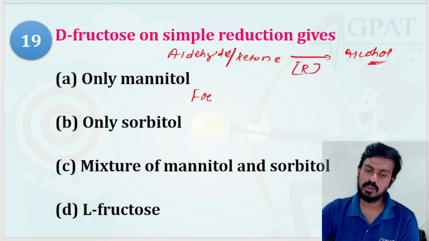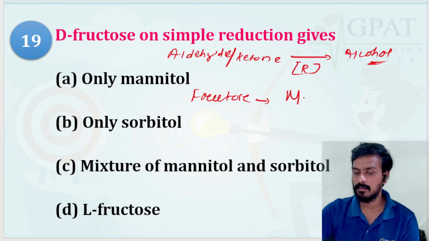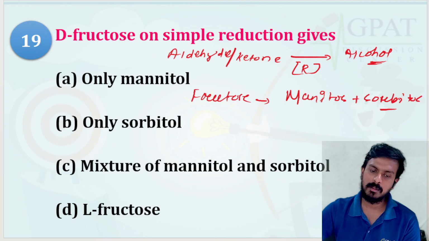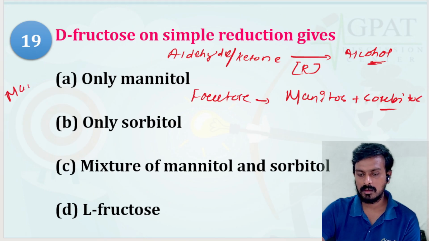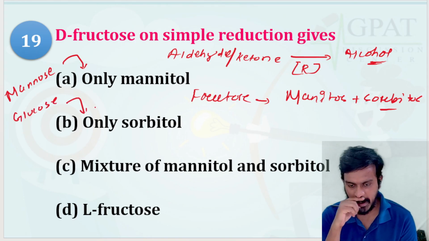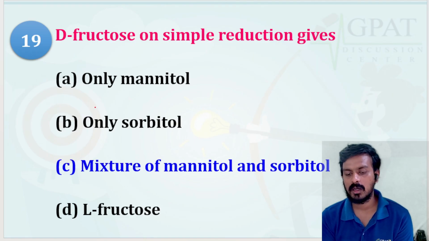So when fructose is reduced, it will form mannitol plus sorbitol. When mannose is reduced, it will form mannitol. When glucose is reduced, it will form sorbitol. Option C is the correct answer.